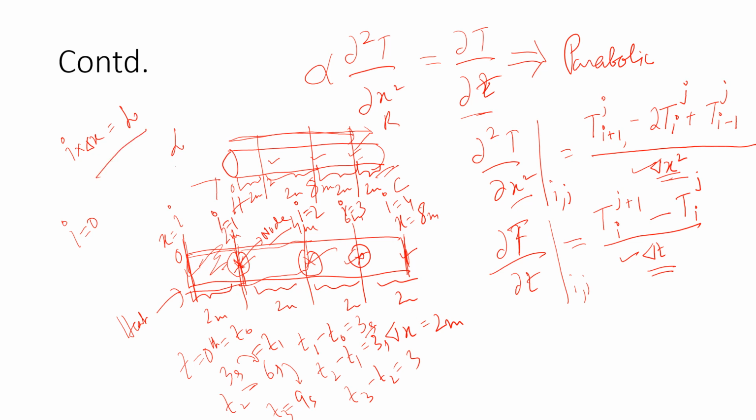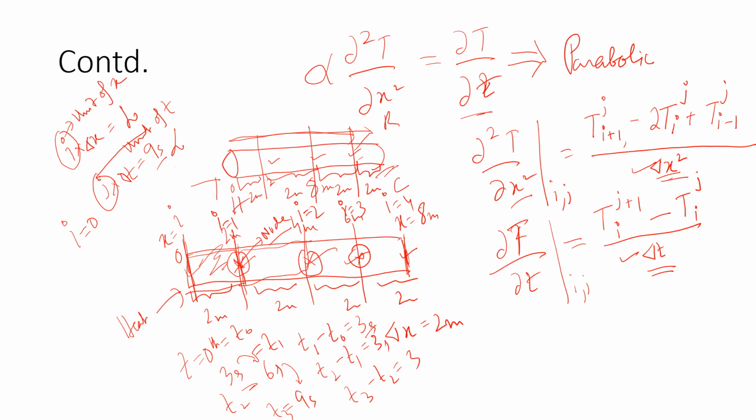Again, if I multiply j with del t, we will get the total time of our interest. This is 9 seconds, right? So if i is the unit of x, then j is the unit of t, right?